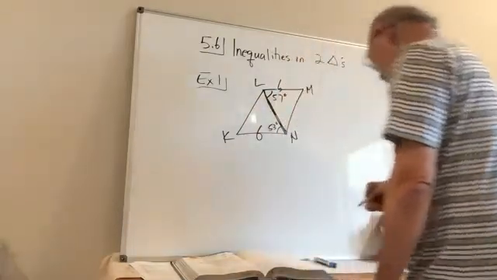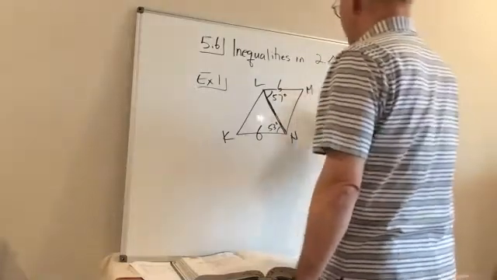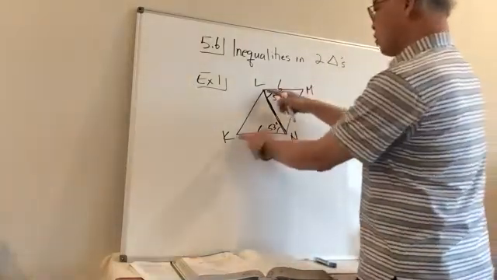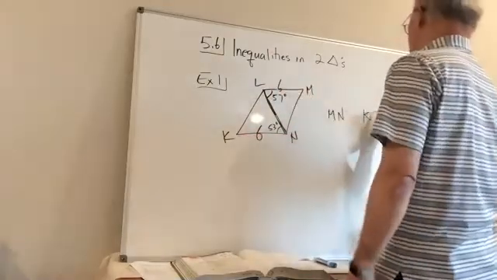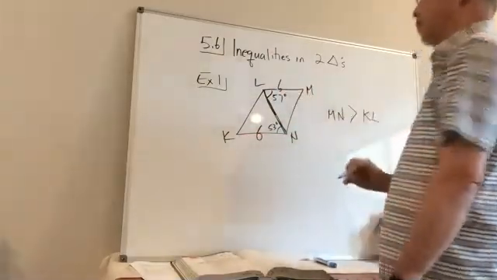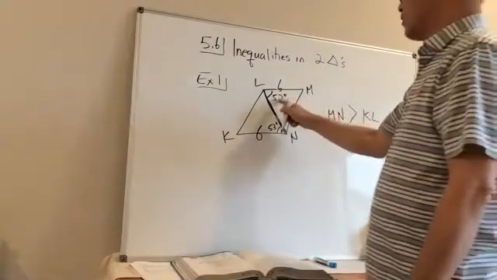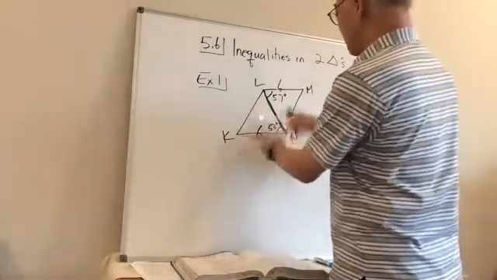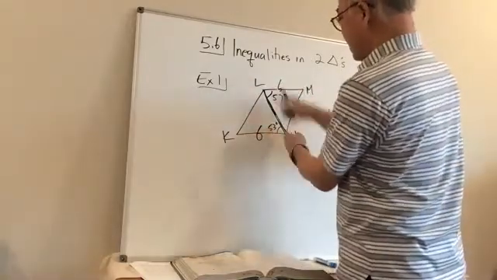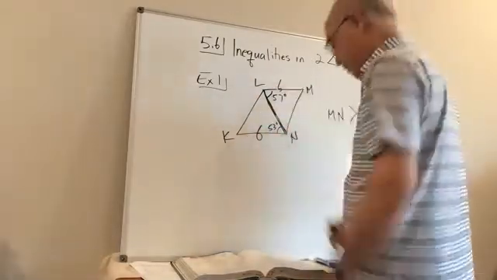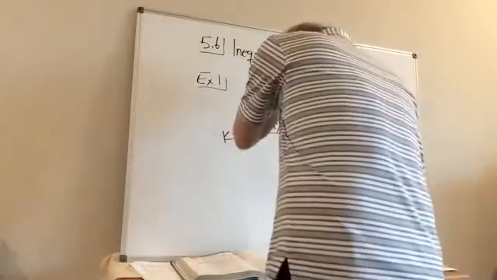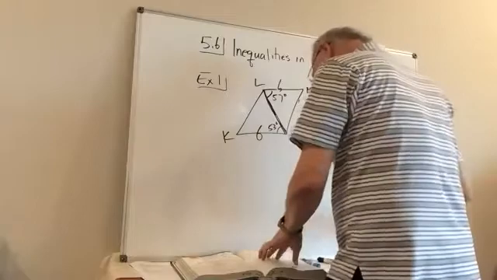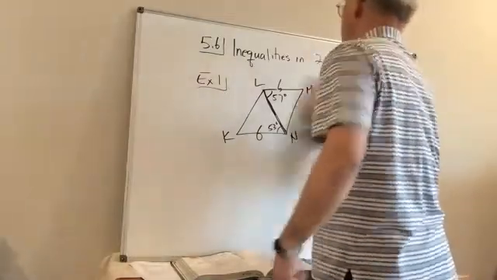Therefore, MN is going to be longer than KL, because this angle is larger, since you have two sides that are shared. Okay, so that's that. And then we have C, the last one.